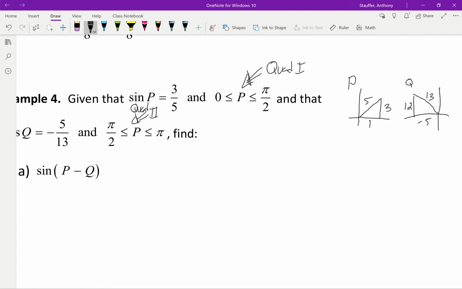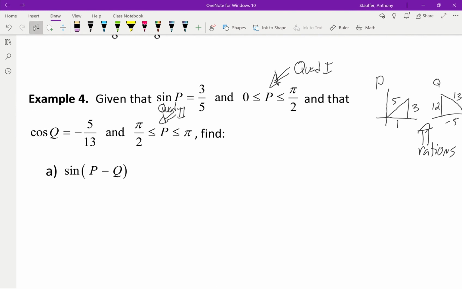So now what I've done is I've created my triangles, and I can come up with all of my ratios. Okay, so now we go back to the first question, sin(P − Q).